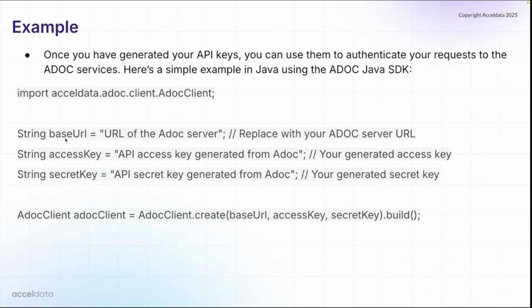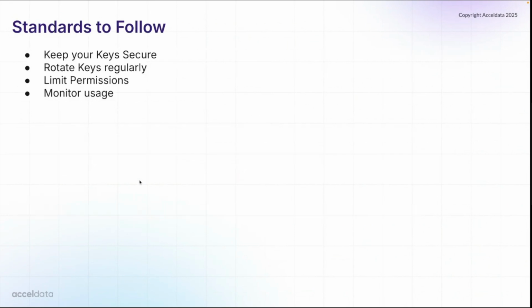You could see we have provided the base URL, and along with that we also pass the access key and secret key as a string. Additionally, we also use these API keys within Postman to run API calls from Postman into ADOC UI.